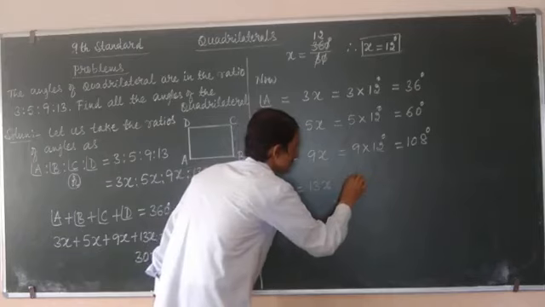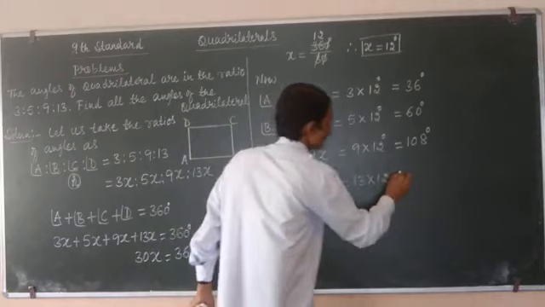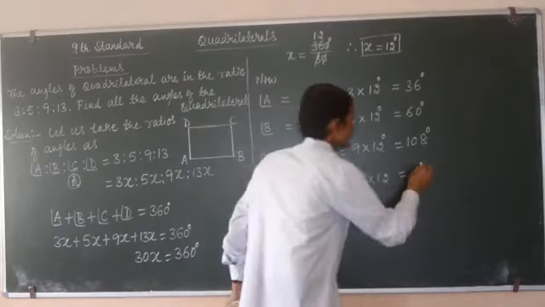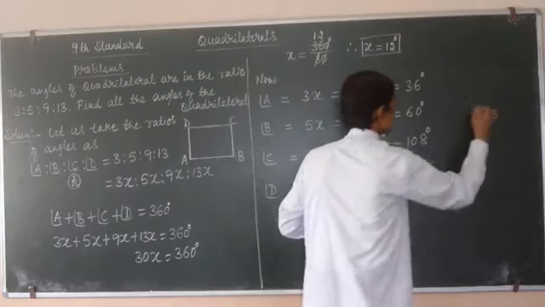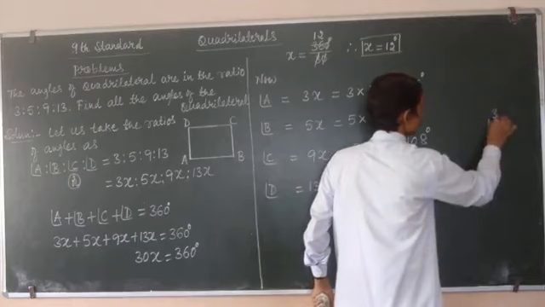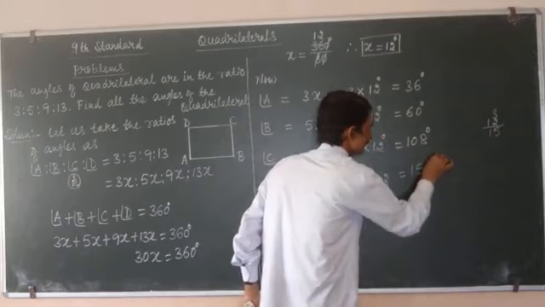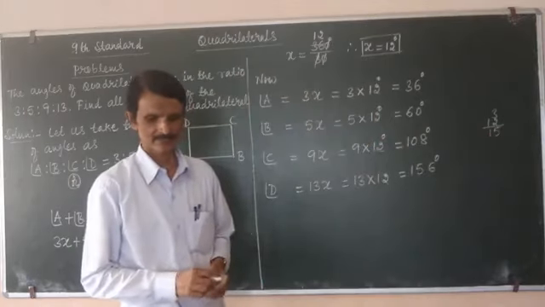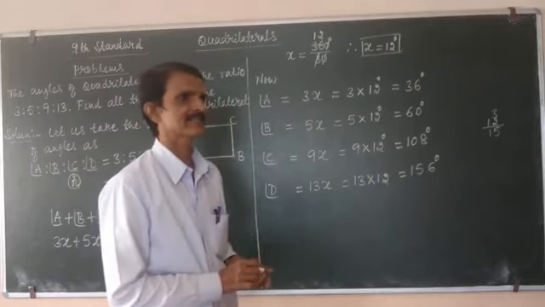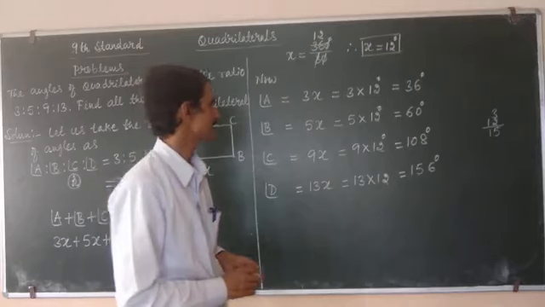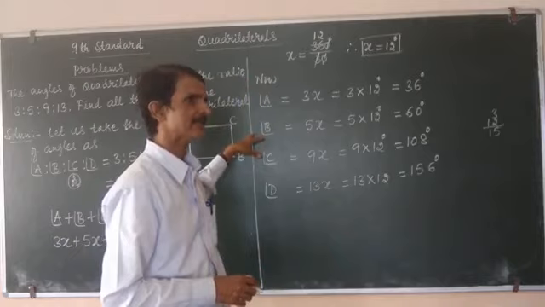It will be equal to 13 into 12. 12 threes are 36, 3 carry, so 12 ones are 12 plus 3, so that is 156 degree. Okay, students, so now we have found the value of every angle.